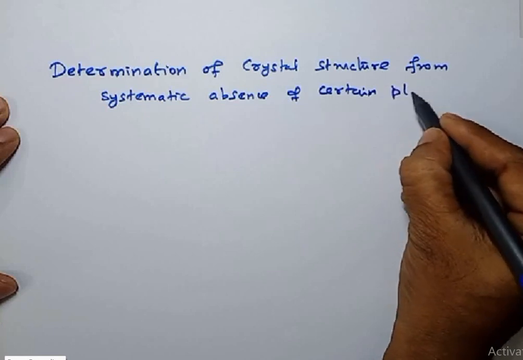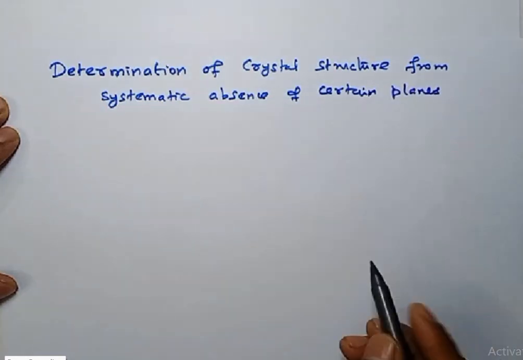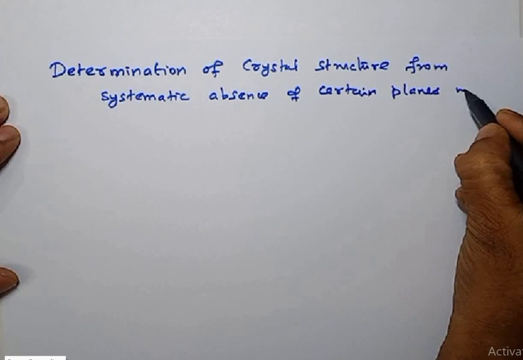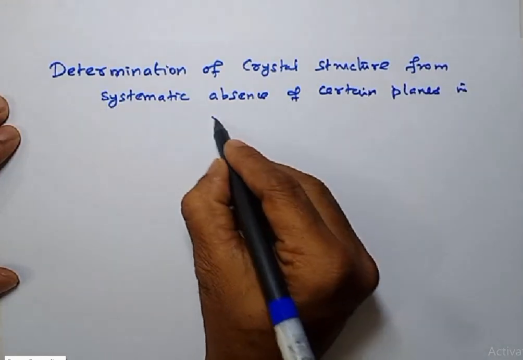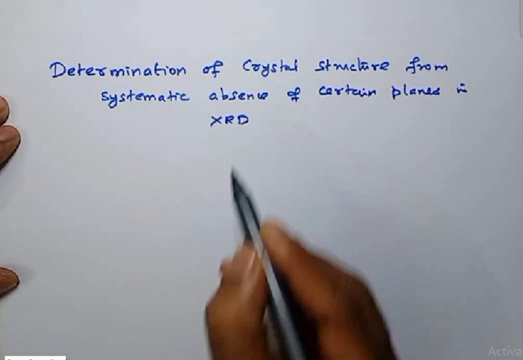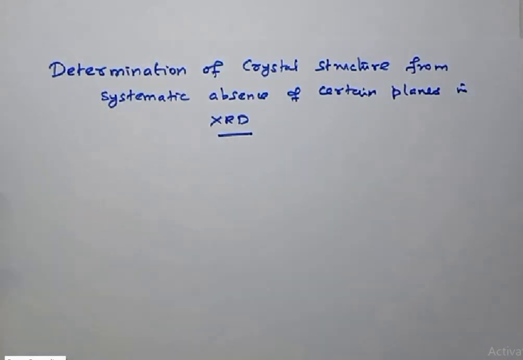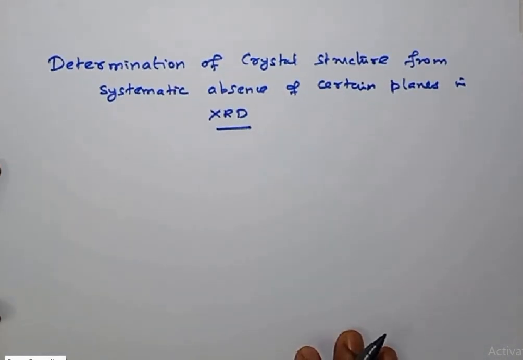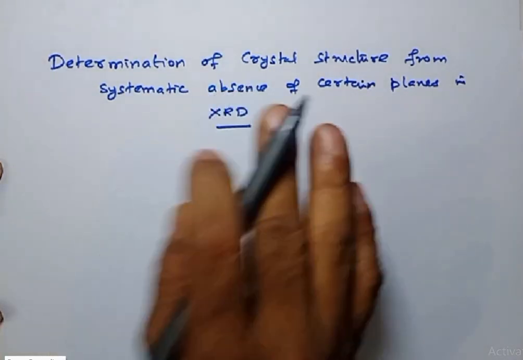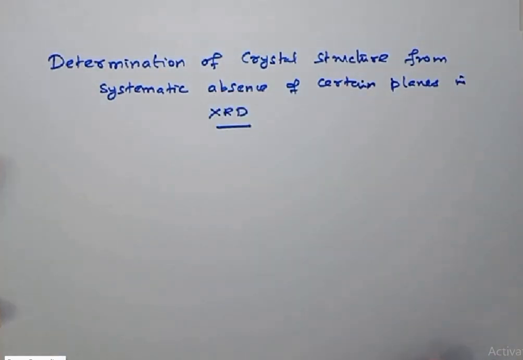Let me write simply planes, certain planes in X-ray diffraction pattern, in XRD, X-ray diffraction pattern, or XRD simply, right? Determination of crystal structure from the systematic absence of certain planes, right?